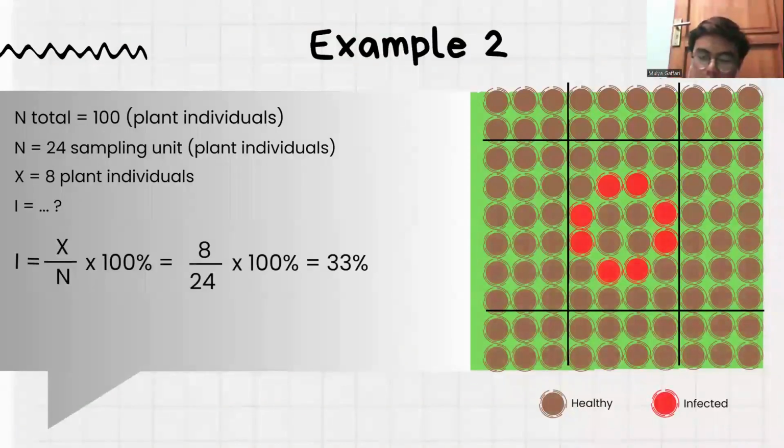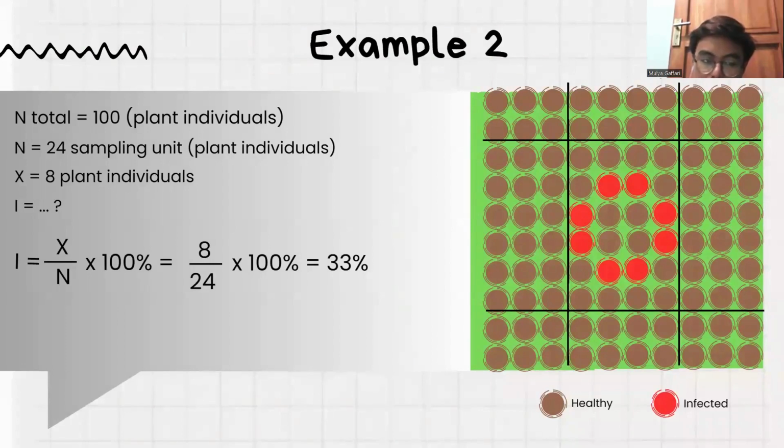Okay, next is example 2. From 100 plants, the picture is from 100 plants. I took 24 samples of plants that I want to observe. There are 24 samples in the box, and from the 24 samples, I found 8 plants that are attacked by disease.